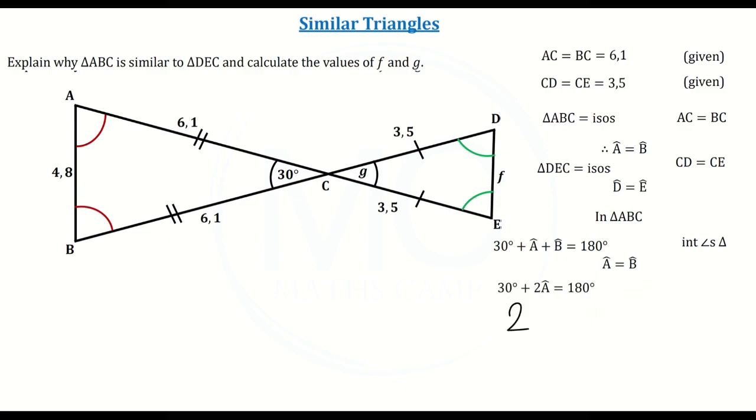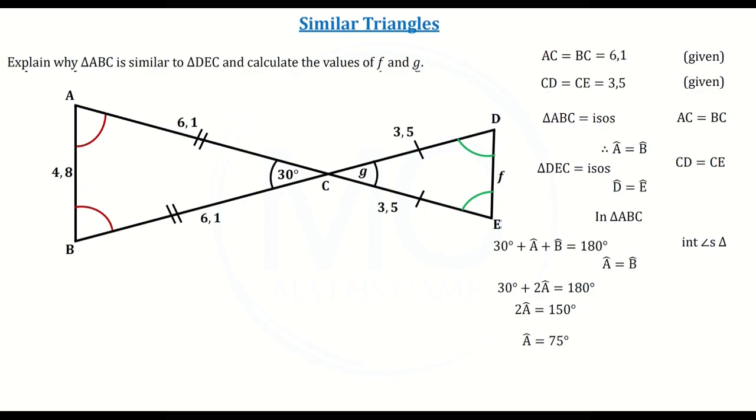On the left, we have 2A is equal to, let's move this 30 to the right, 180 minus 30, which gives us 150 degrees. If 2A is 150, then A is equal to 150 divided by 2, which is 75 degrees.